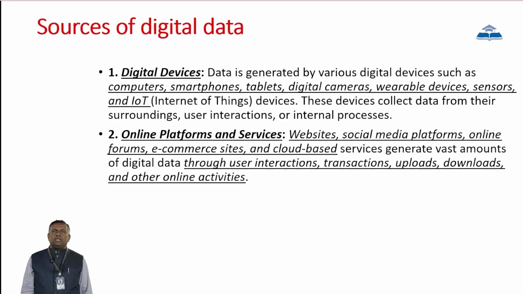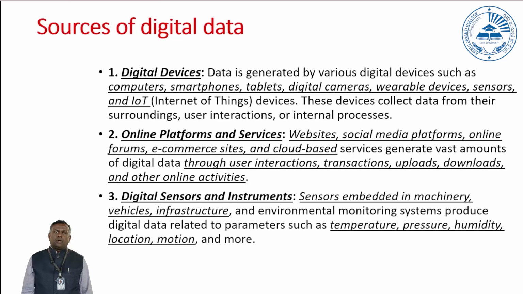The third digital data source is sensors and instruments. These are sensors embedded or incorporated into machinery, vehicles, infrastructure, or any other equipment, which capture information such as temperature, pressure, humidity, location, and the motion of individuals, groups, or machines.